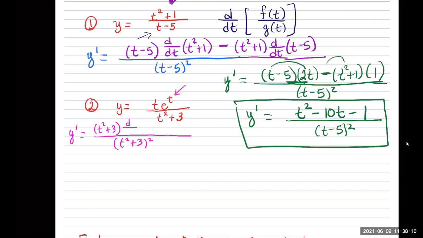So I'm going to put this extra step in here because I want to make sure that you see what I do there. So this is the quotient rule: the bottom times the derivative of the top minus the top times the derivative of the bottom. Okay, so that's what the quotient rule says. Sorry, I wrote that first one so big, so I'm having to squeeze that in there.